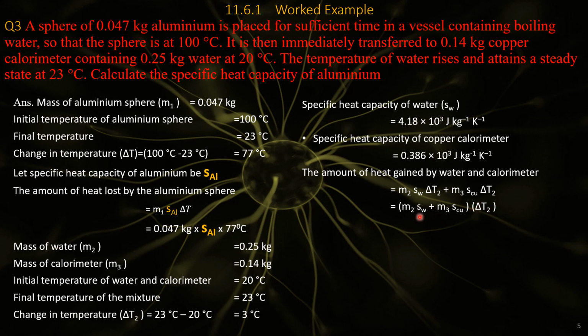Therefore, taking delta T2 common, the previous equation becomes M2 SW plus M3 S copper into delta T2.